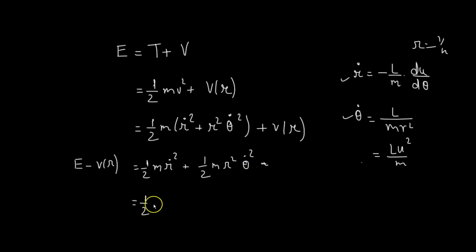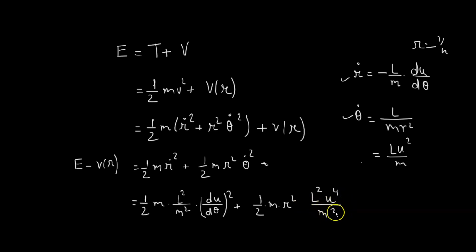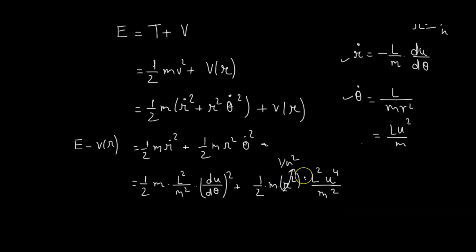So we have ½m times ṙ², that will be L²/m² times (du/dθ)², plus 1/2 times m times r². Then θ̇² will be L²u⁴/m². Here r² is 1/u², since r = 1/u.